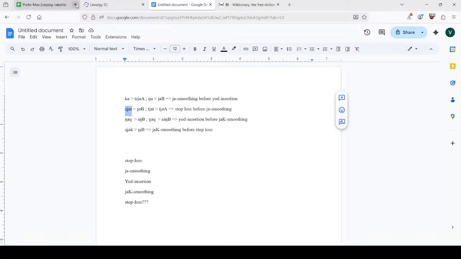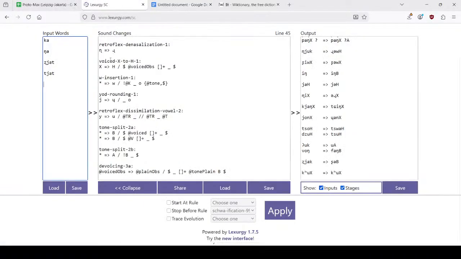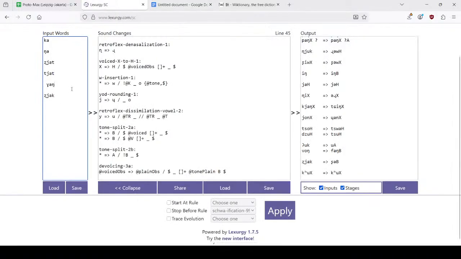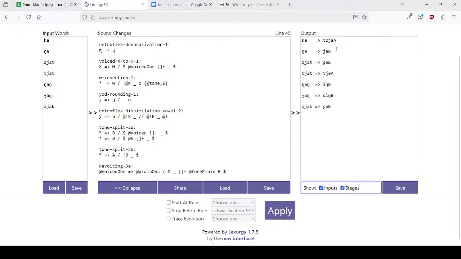Should chop them off quicker. And then yeah, at the very end. And then we also have ngang and rang. So let's do that, and then apply. So yeah, but then this one joins that, which is not good.